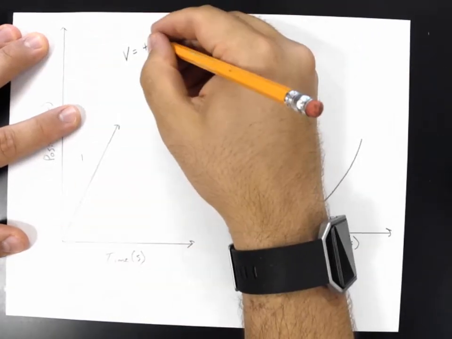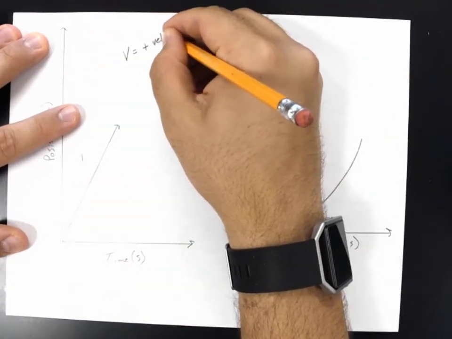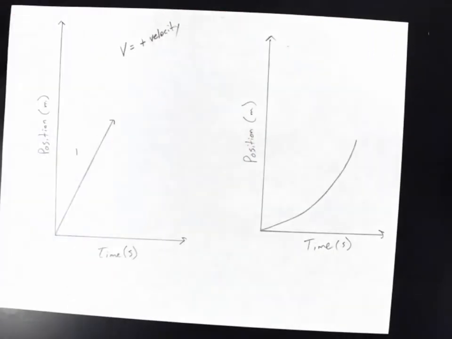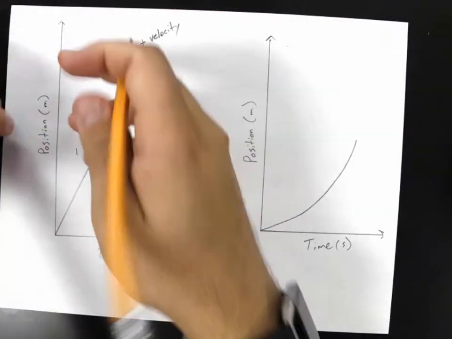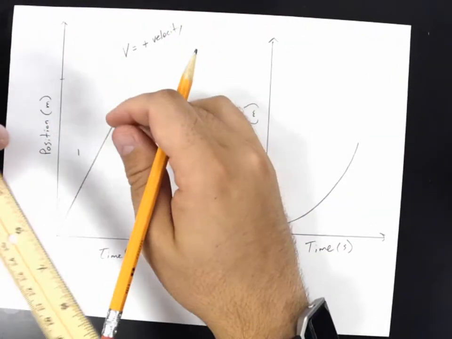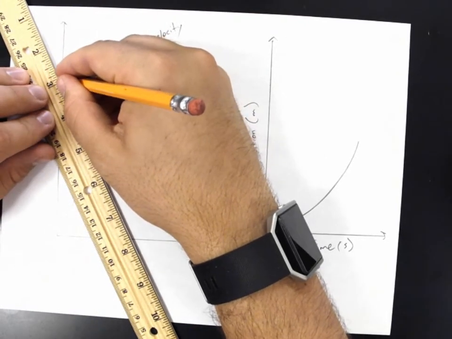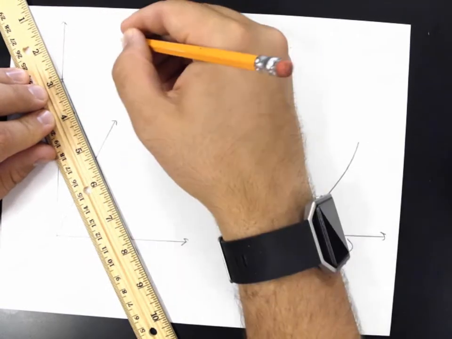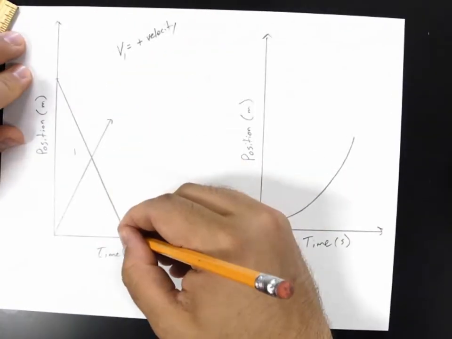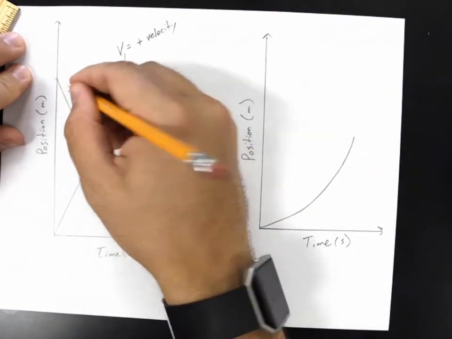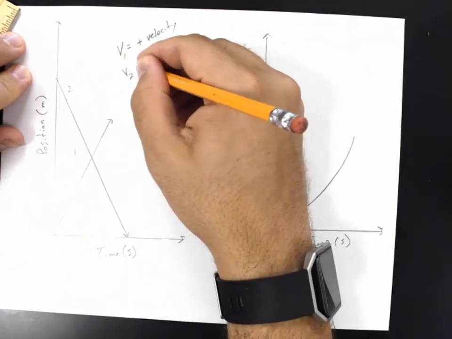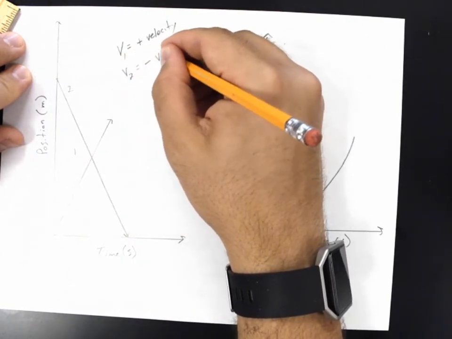Positive velocity. If we were to take something that started off like 10 meters away, and we drew it so that it was coming back towards 0, like this, so this is V1, we could say that this line number 2, V2, is going to be a negative velocity.